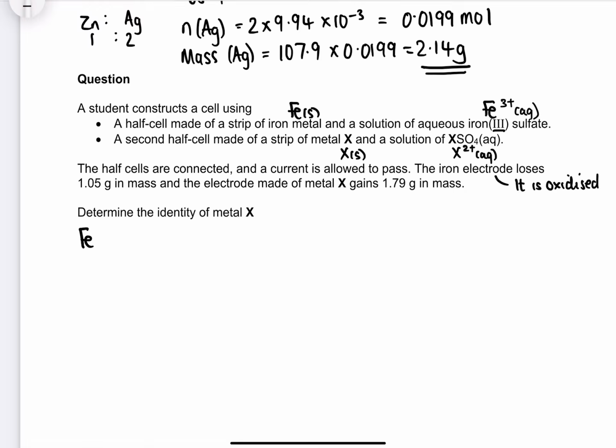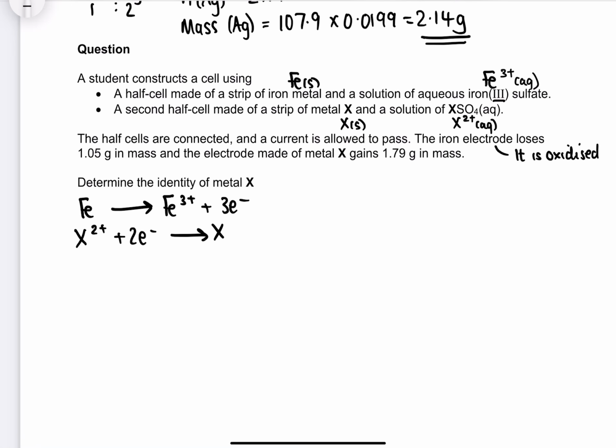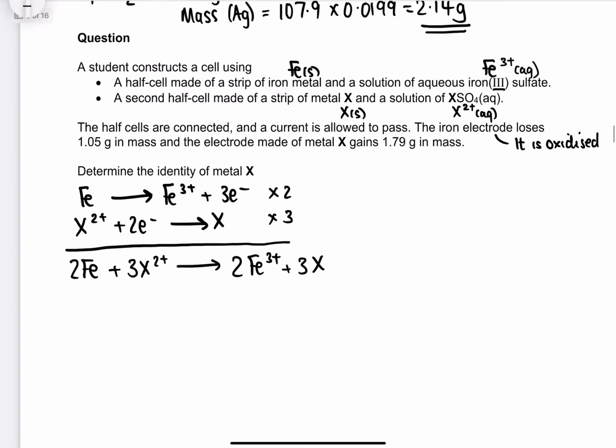So we know that Fe is going to Fe3+, it's losing mass, which means that X2+ must be gaining electrons and becoming more X. So we could combine these two together by making the electrons match and come up with an overall equation for this reaction. So 2Fe plus 3X2+ equals 2Fe3+ plus 3X.